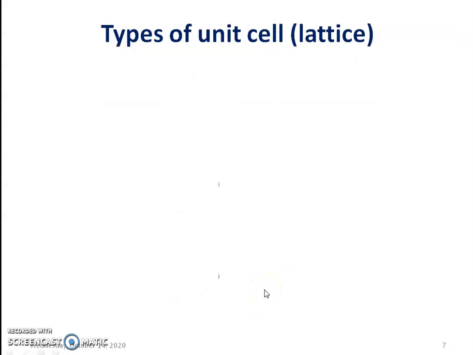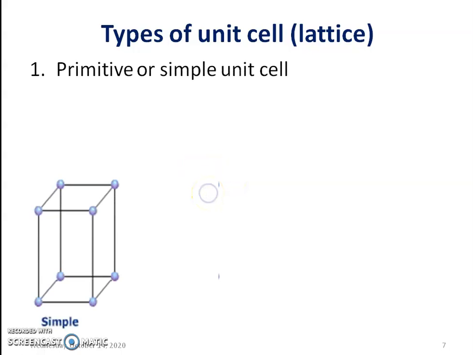Now based on the edges and angles, there are different types of unit cell. Especially there are 4 types of unit cell. One is the primitive unit cell. In case of a primitive or simple unit cell, lattice points occupy the 8 corners only. Such a unit cell is called a simple or primitive unit cell.